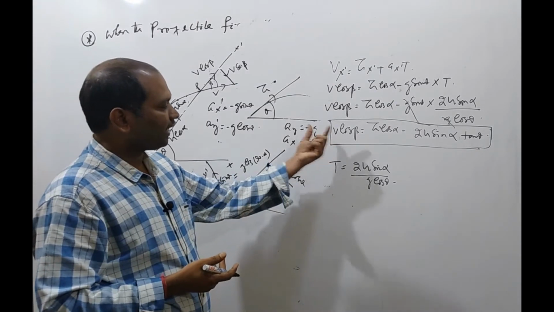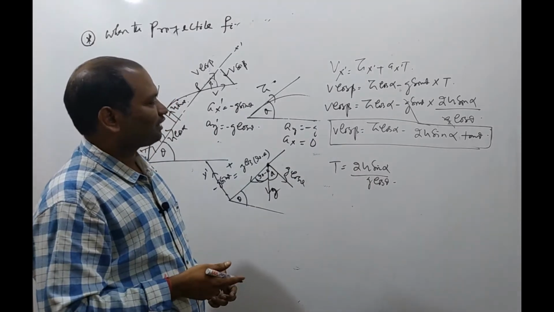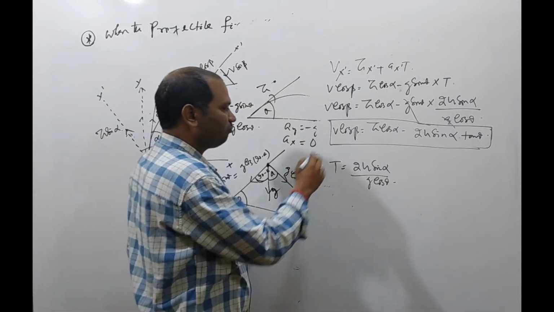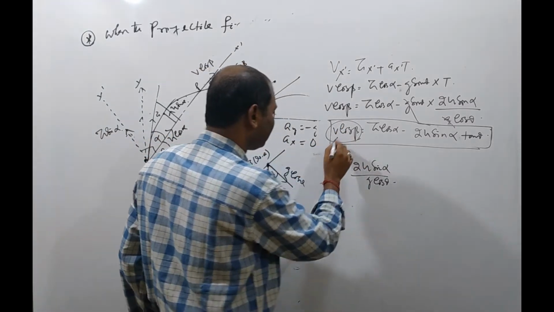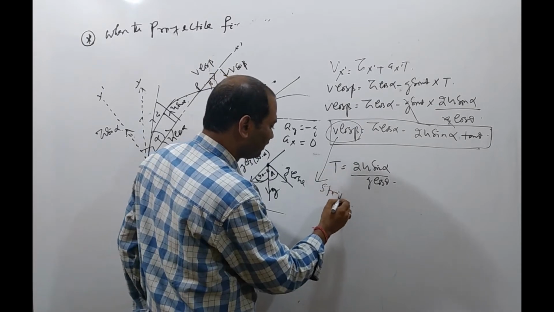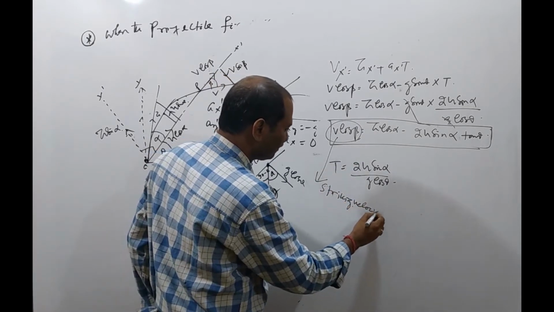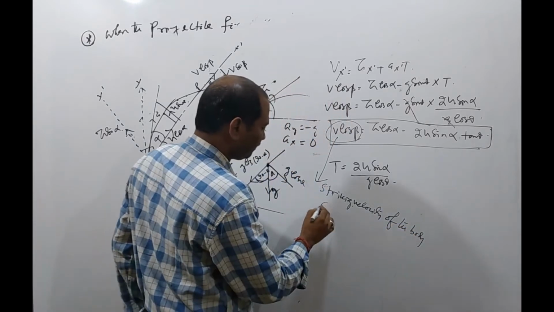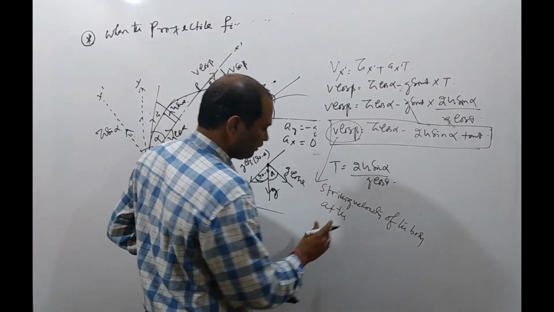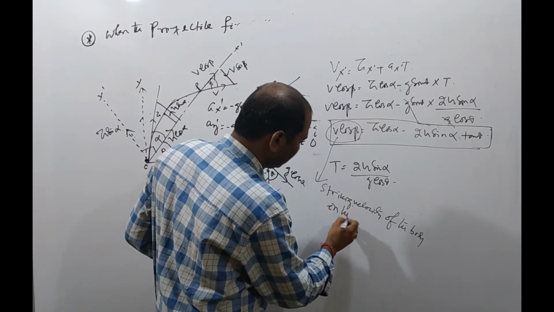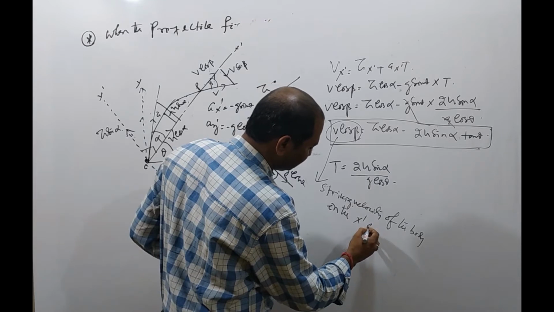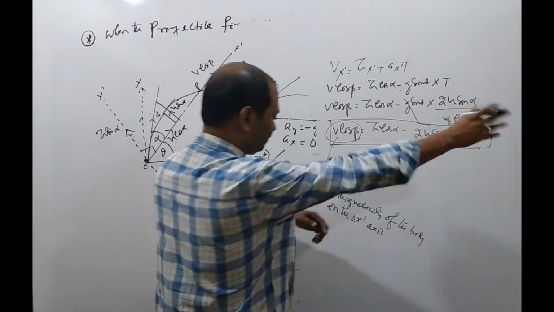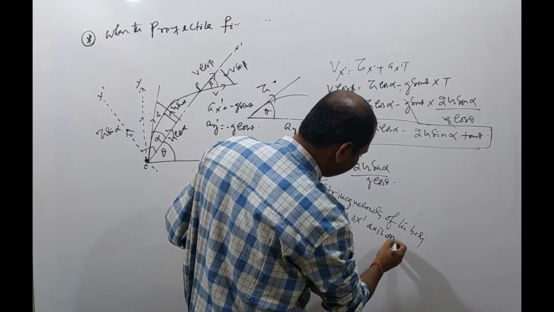Or it can be termed as the striking velocity of the body on the inclined plane in x axis. V cos beta can also be termed as the striking velocity of the body in the x dash axis on the inclined plane.